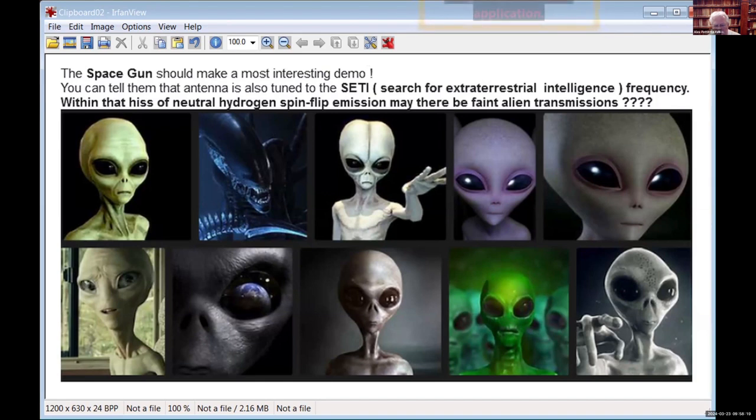So this could all fit together, but I think telling them that the 1420, 21 centimeter frequency was designated or considered potentially the SETI frequency, because it is so widely distributed throughout the universe, that that might be the frequency that extraterrestrials might use to try to communicate. I think that would be worth adding to your presentation.